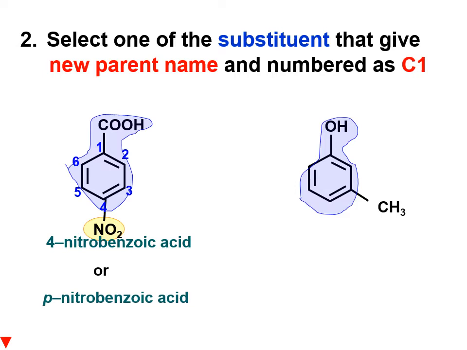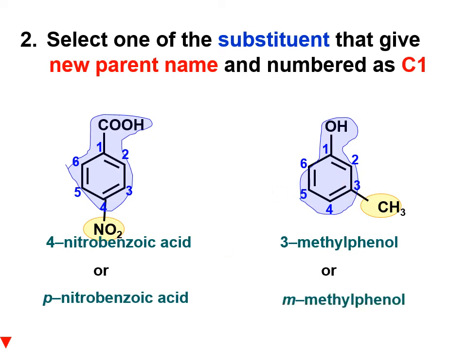At the same time, the hydroxyl group attached to a benzene has the common name known as phenol. So the parent name is phenol, and we have the CH3 attached to carbon number 3. So it will be 3-methylphenol, or we can use a prefix: positions 1 and 3 will be m-methylphenol.